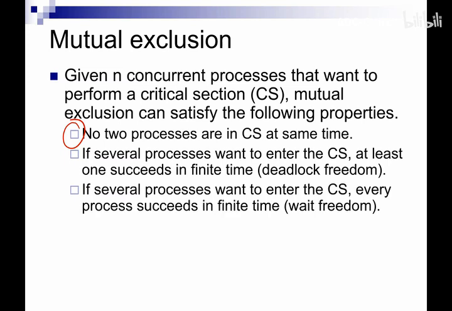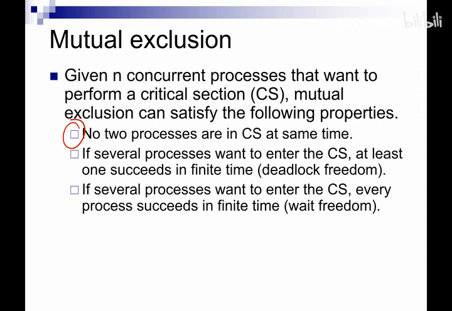Now you can ask for even more than that. You can require a stronger progress property, which is wait freedom. This one says that if several processes want to enter the critical section, then every process gets to enter in some finite amount of time.